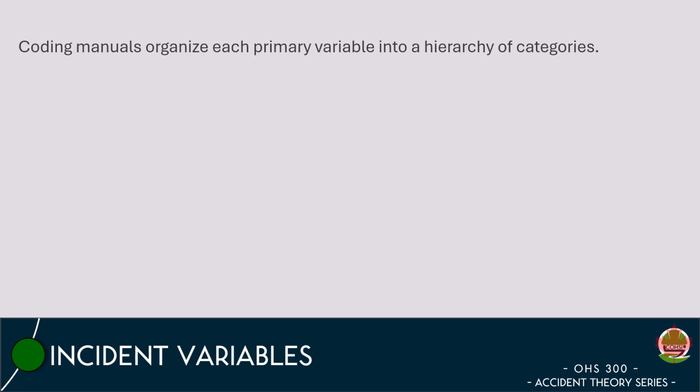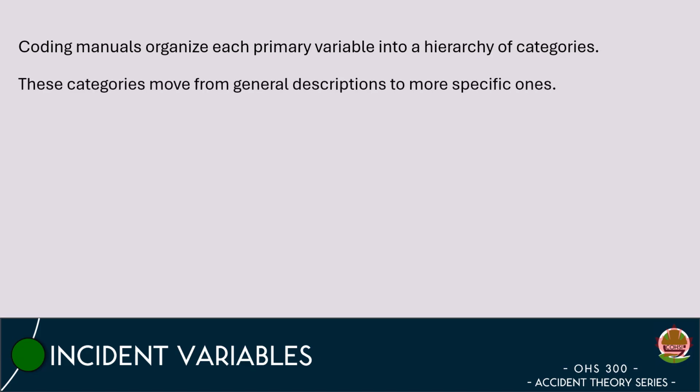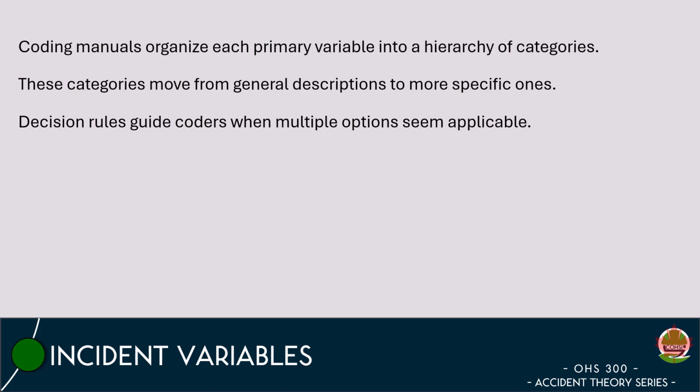The coding manuals break each primary variable into a hierarchical set of categories that move from general to increasingly specific descriptions. This hierarchy is supported by detailed definitions and decision rules that guide coders when multiple options appear to apply to a single case.